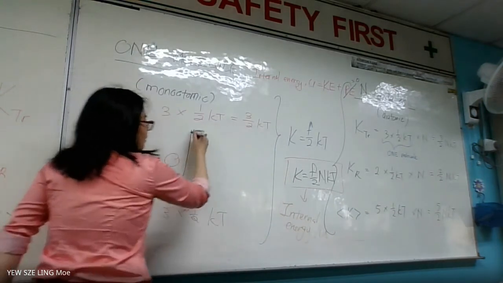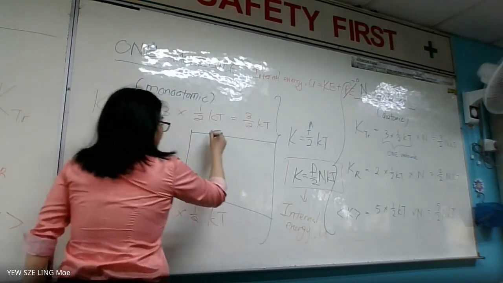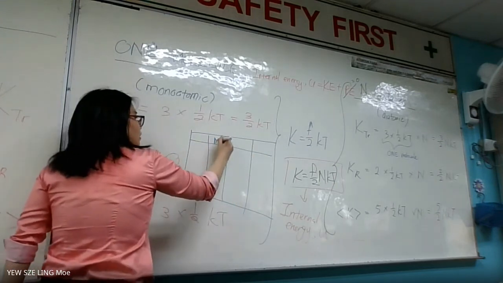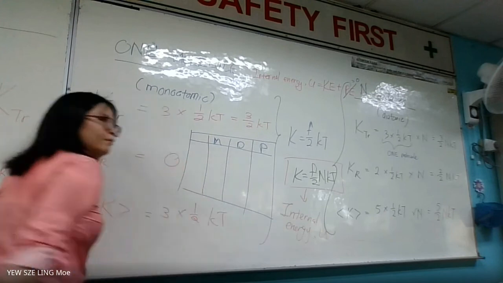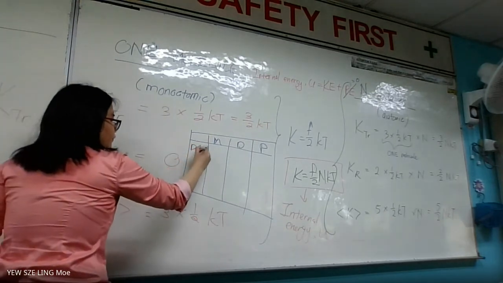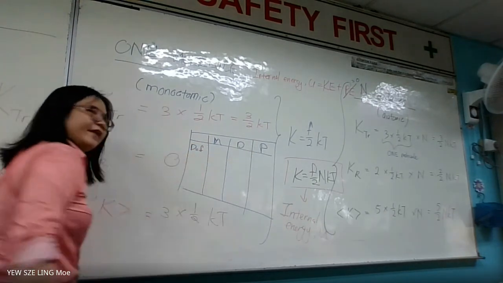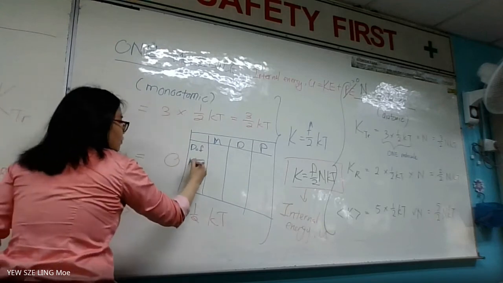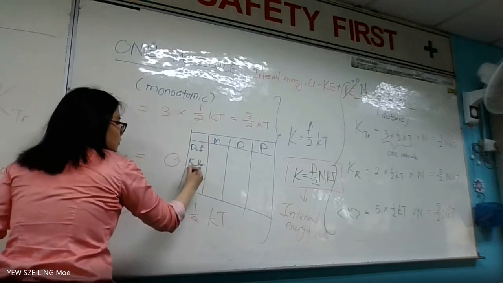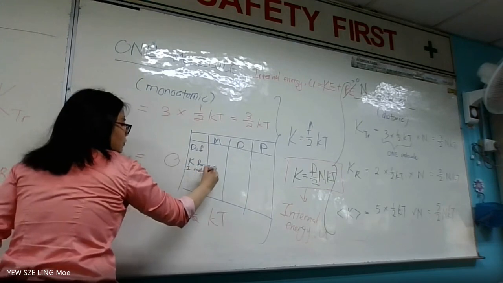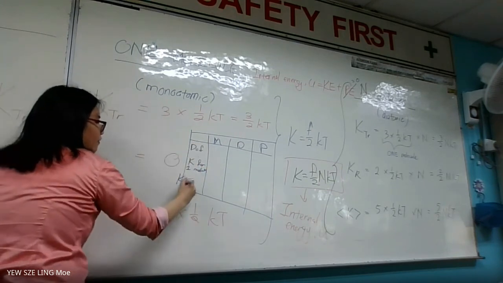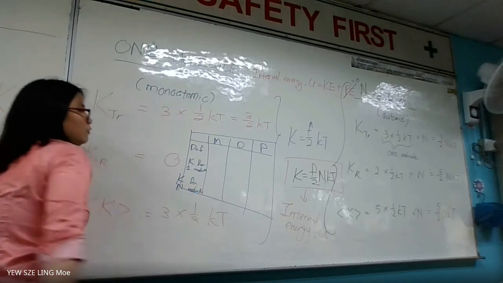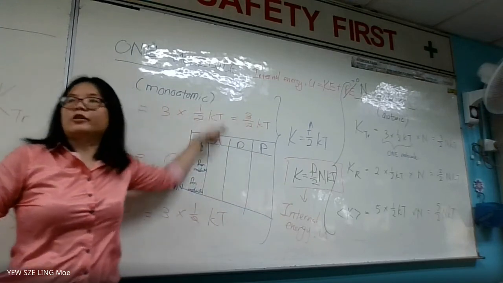So this is a table. You start from degree of freedom for all three of them, then you calculate K for one molecule, and then you calculate K for n molecules, for all three cases in your table.